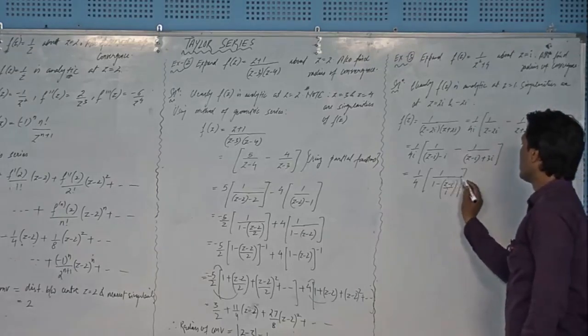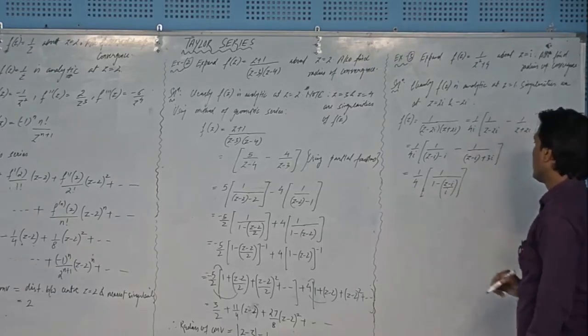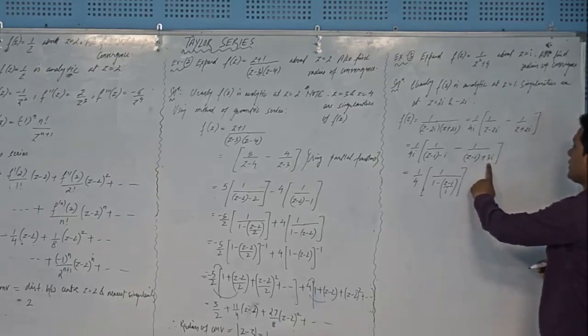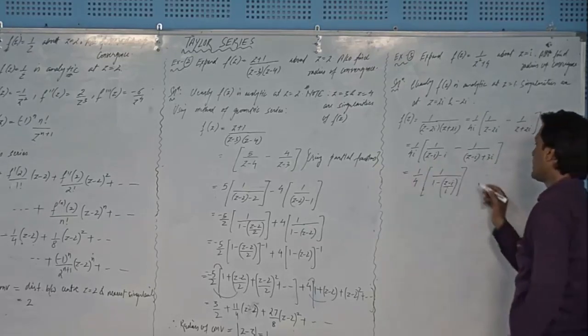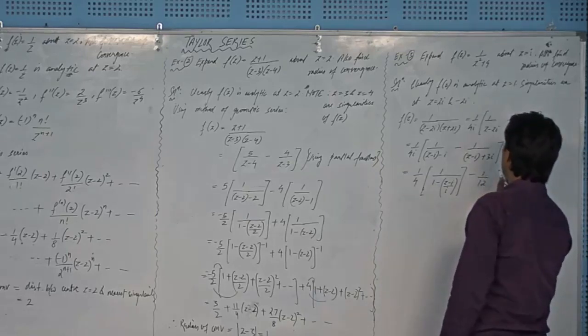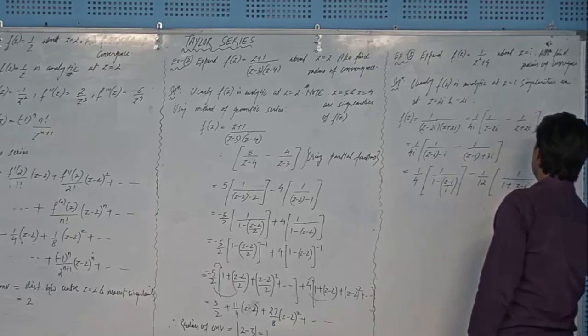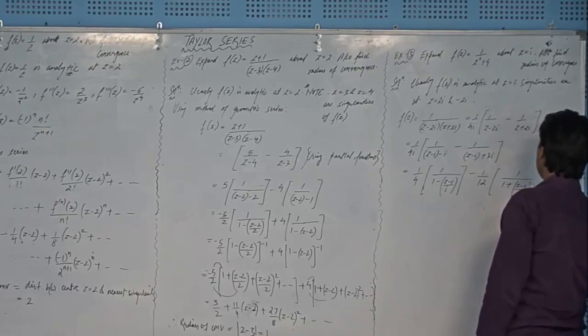And from here you should take common 3 iota. So you take 3 iota common, then 3 into 4 will be 12, minus 1 by 12, and here you will have 1 over 1 plus z minus iota over 3 iota, right?